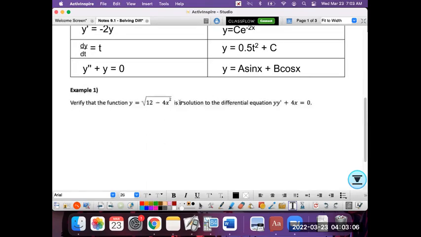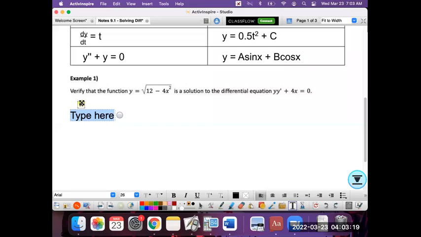So what I'm going to do here, because I like to just plug my expressions into my differential equation, is I'm first going to find the derivative of this y equation, which means, because I do actually have a composition of functions, rewriting this in powered form first. So it makes it easier for me to actually differentiate.